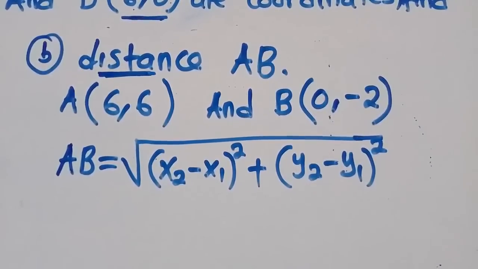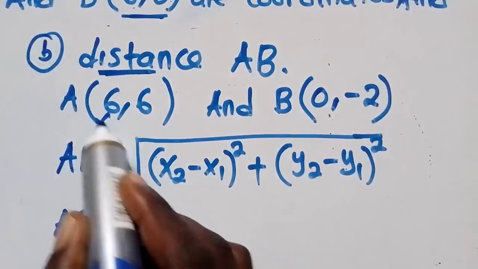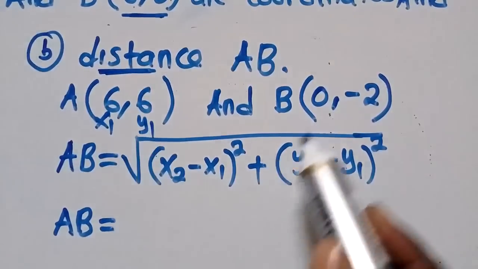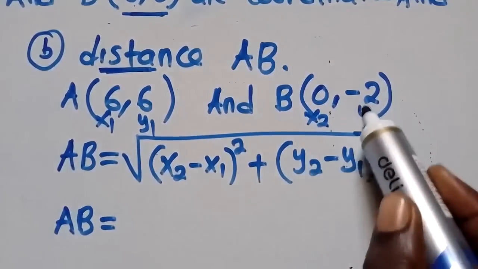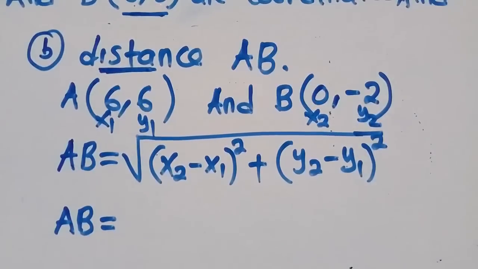Whenever you see a question where you are told to find the distance, this is the formula you need to use. You substitute: this one will become x1, y1, this one x2, y2.